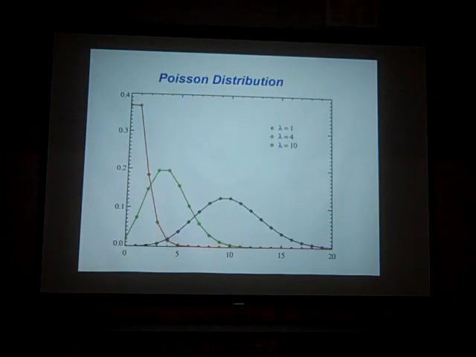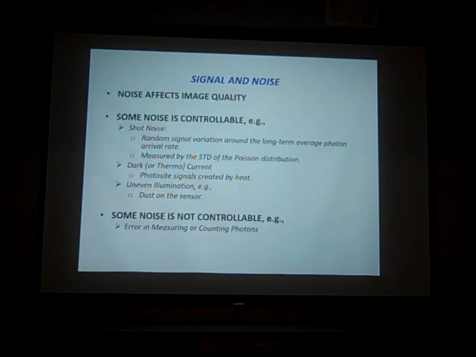The deviation of the signal that you captured from the long-term mean is noise. That's random variation. And we can measure that noise by the standard deviation of the Poisson distribution. Again, the standard deviation is a measure of dispersion around the central tendency.